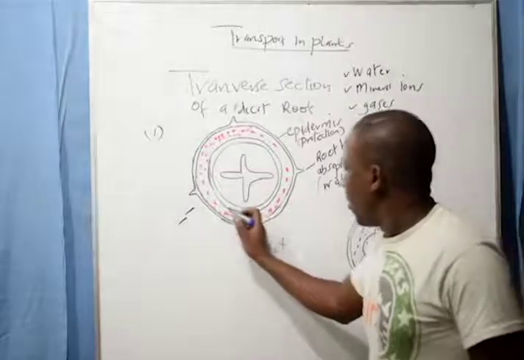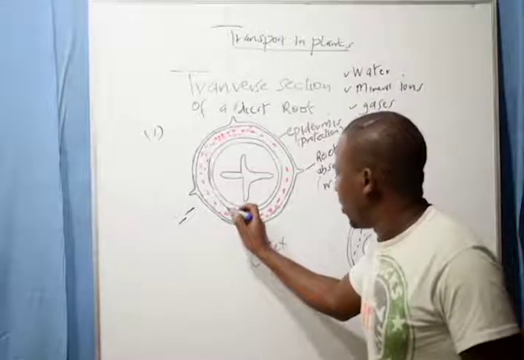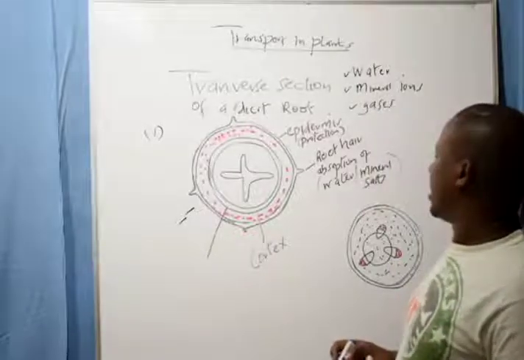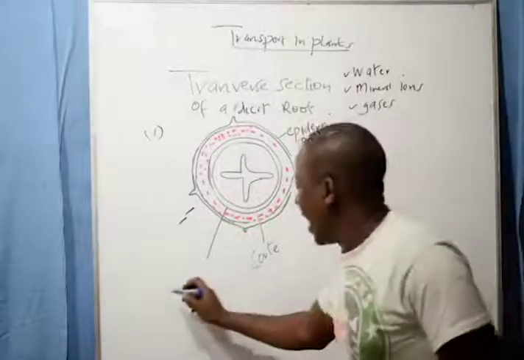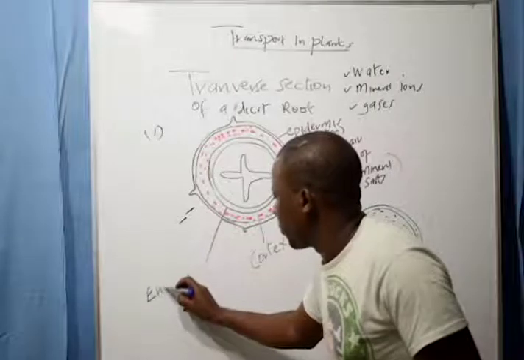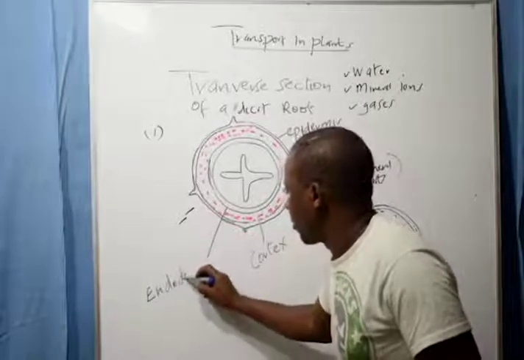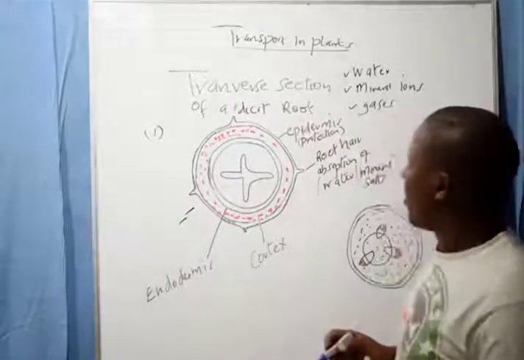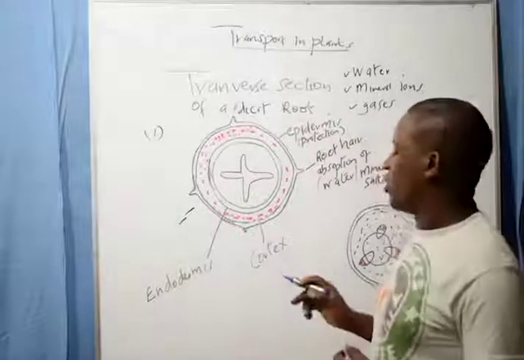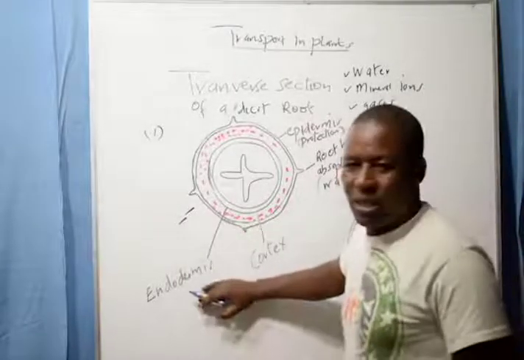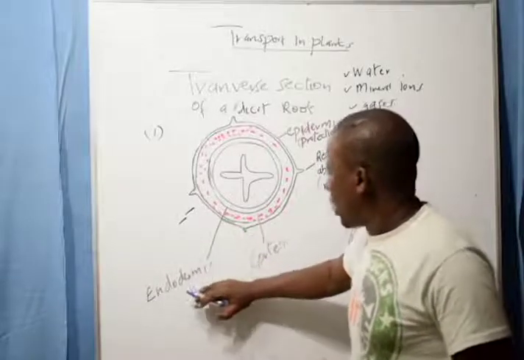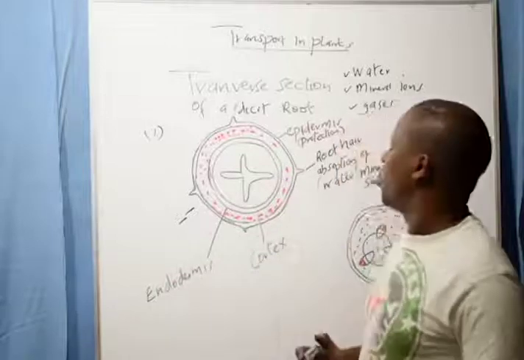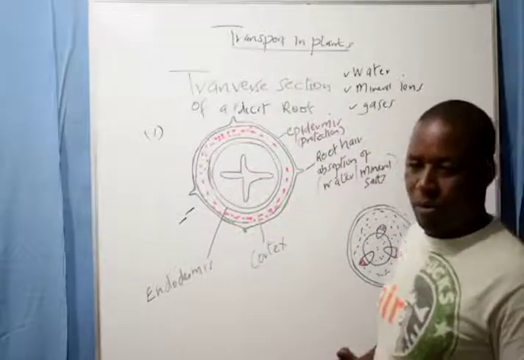Then on the inner part of the cortex, we have a part known as endodermis. The endodermis function is to regulate the amount of water and mineral salts getting into the xylem.